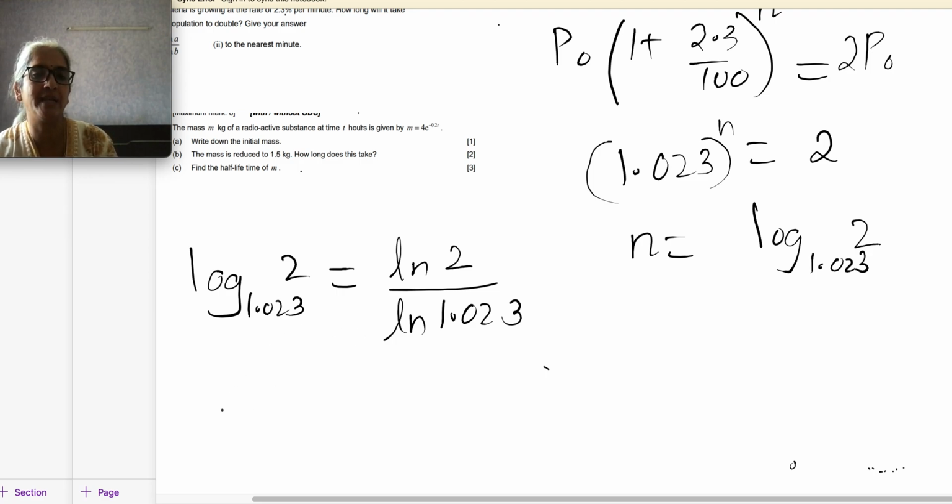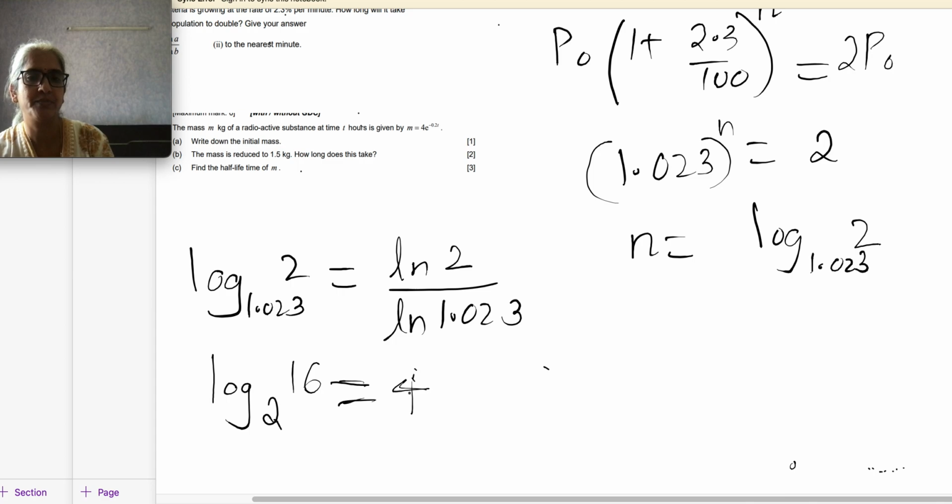How did it become like this? The change of base rule says this: take log of 16 to the base 2. What is the answer for this? Log of 16 to the base 2 is 4. Okay. I'm going to change the base from 2 to 4.